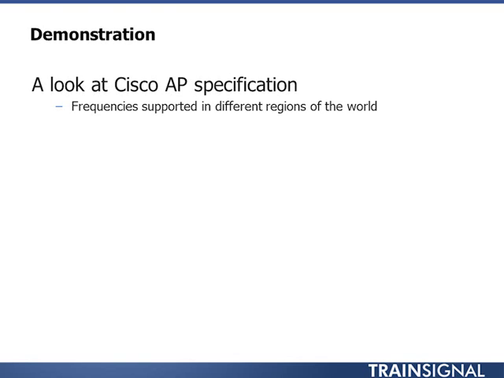You cannot just take a product that's been built for deployment in the US and take it to Europe, because the frequency bands are slightly different. And if you take that access point and deploy it in Europe, you may be breaking the legal regulatory requirements. And so it's very important to be sensitive and make sure you're buying product which is appropriate for the region of the world that you're deploying in. So let's take a look at some of those specifications.